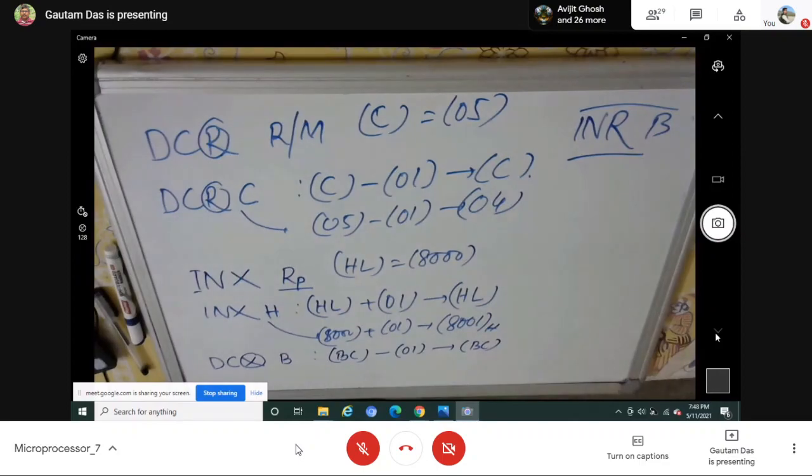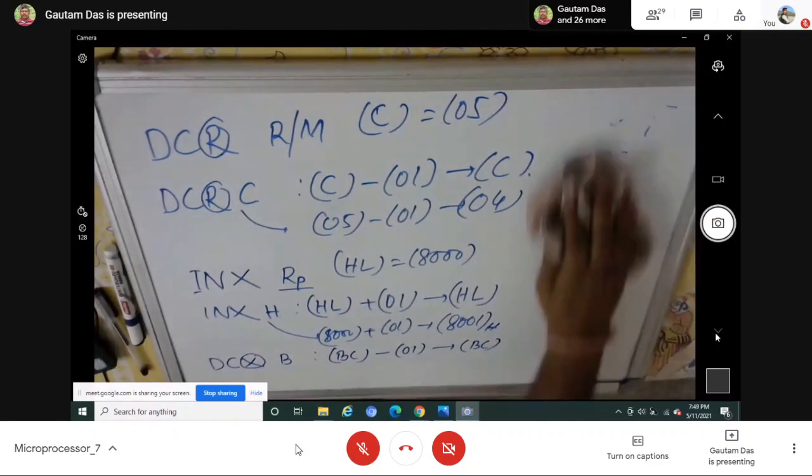So the content of a register pair can be incremented or decremented by 1 using INX and DCX, and the content of an 8-bit register using DCR or INR.